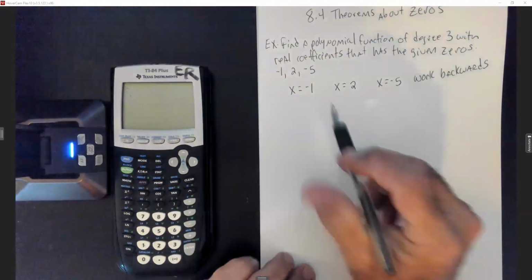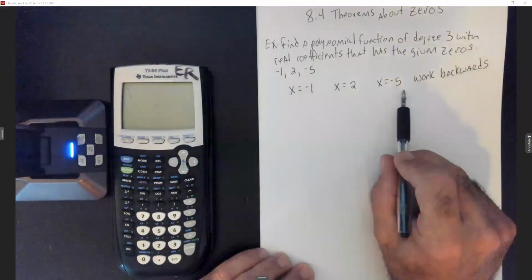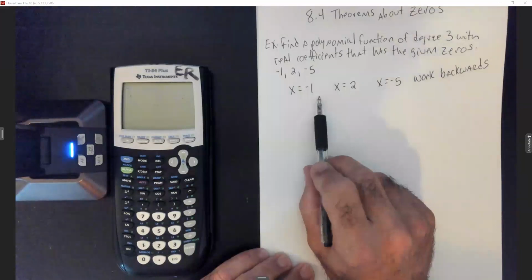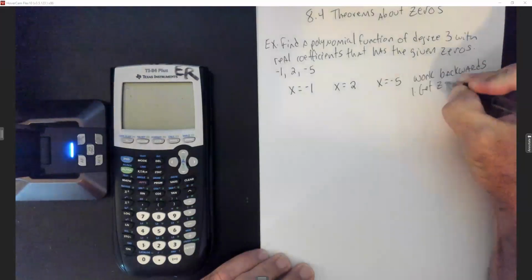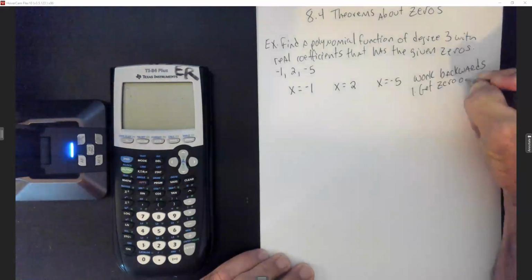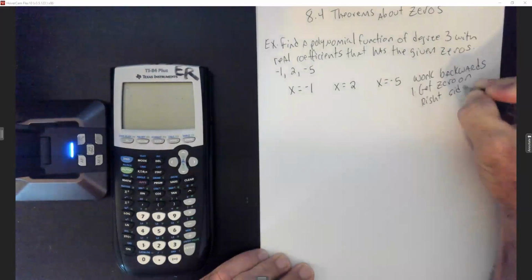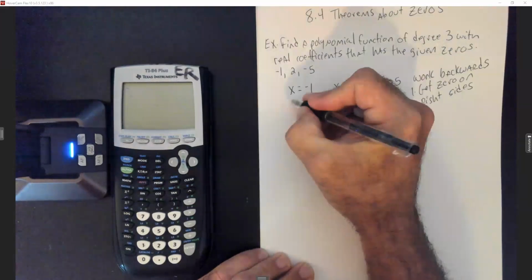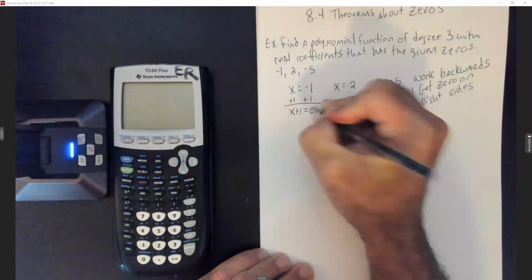So the first thing we would do to all of these is, where we got these numbers, we want the right side to be a 0. So we need to get a 0 on the right side of all of these. So to get a 0 here, I would add 1 to both sides, and I would get x plus 1 equals 0.